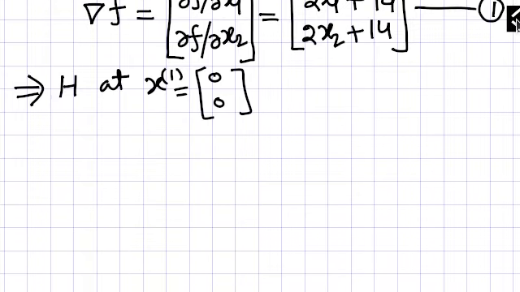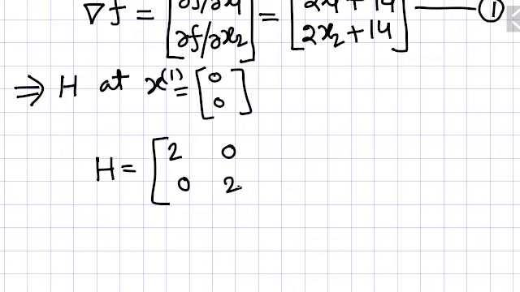How to find the Hessian matrix, you already know very well. You can find it at this point yourself, and I am just writing the result directly, because I have explained this very well in previous video lectures. So this is your Hessian matrix. We can call it equation 2.